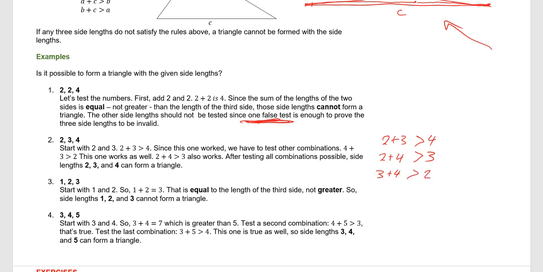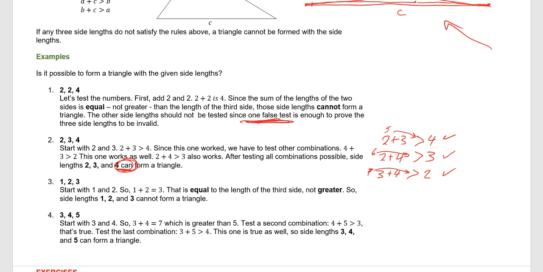Right? So 5, 6, 7. 5 is greater than 4. 6 is greater than 3. 7 is greater than 2. So all of these do work. Therefore, these lengths can form a triangle.